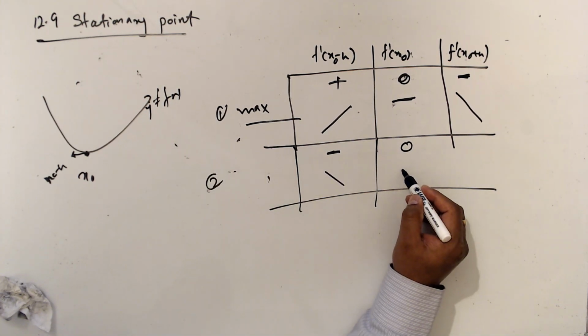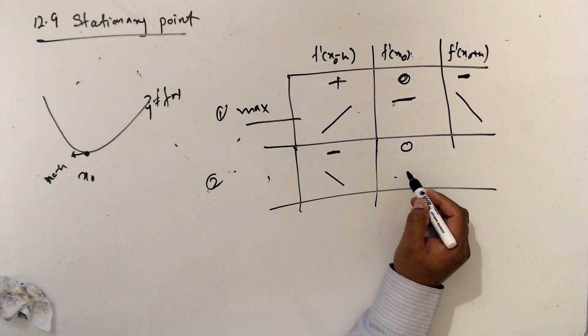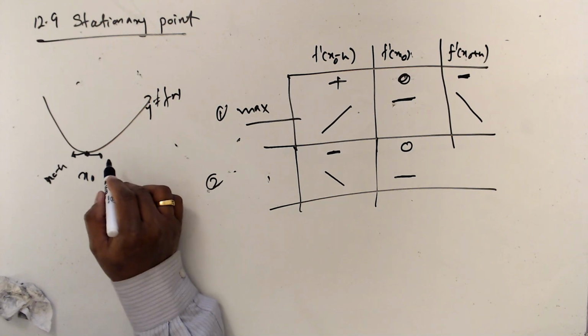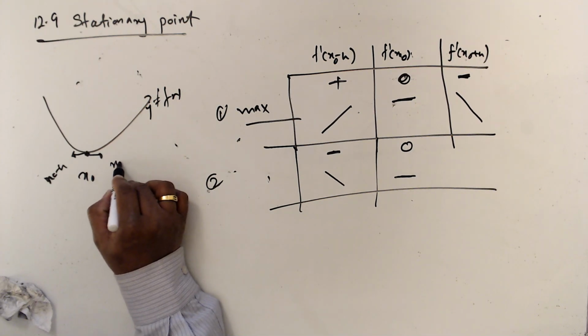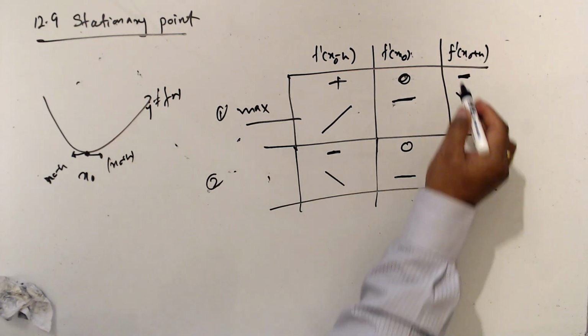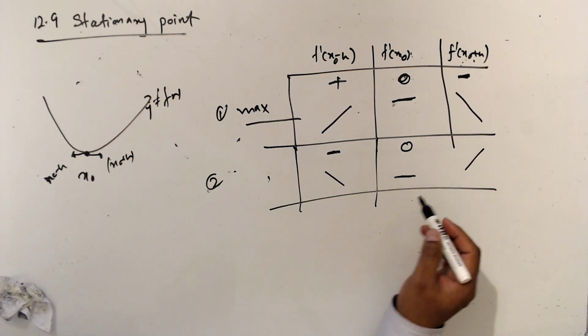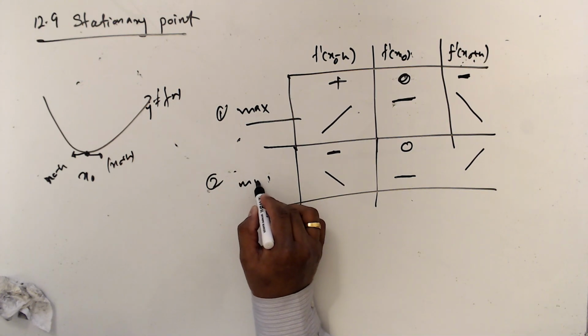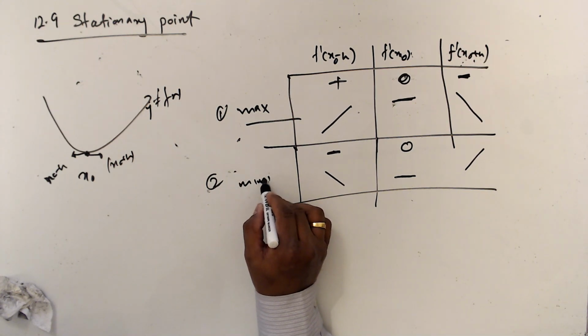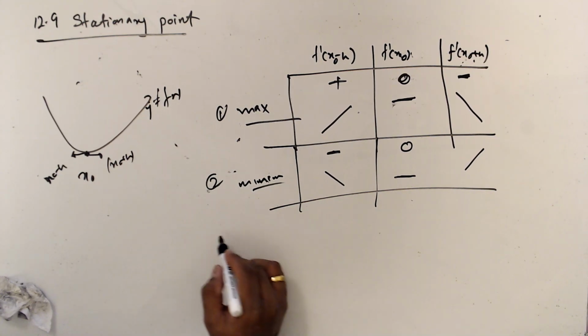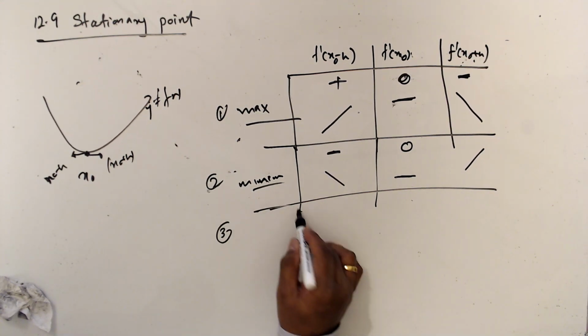Then this is 0, this is flat, and when you go to the right h amount, x naught plus h, then you check the gradient and it is positive, so then it's going to be a minimum. And likewise the third and the fourth case.